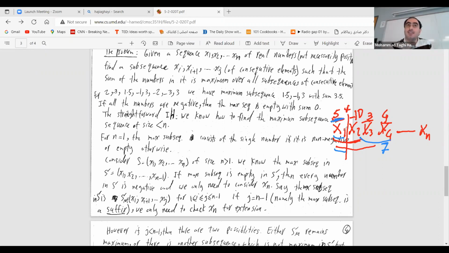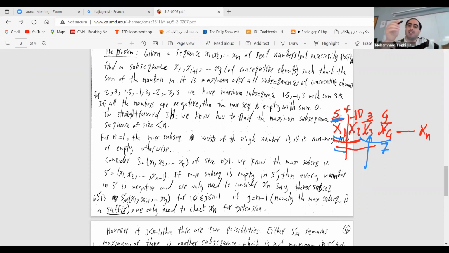However, that is not enough. In this case, that was not enough for me. I also needed to find the consecutive subsequence that is ending at the last element. So I actually needed to keep two sums. One is the one that I had so far, the best solution overall, the best global one.